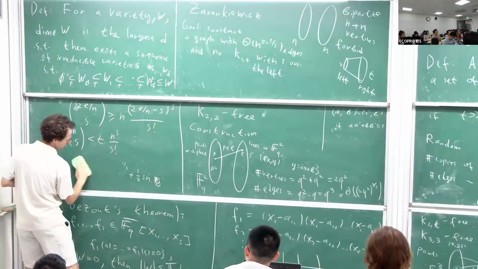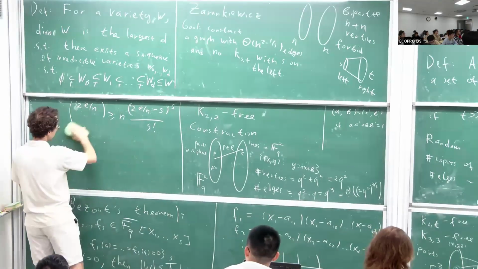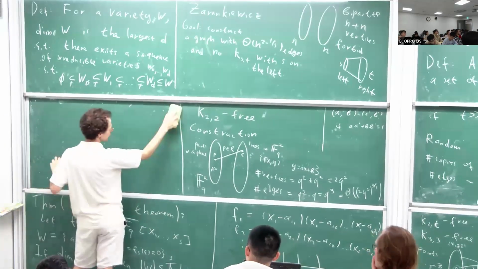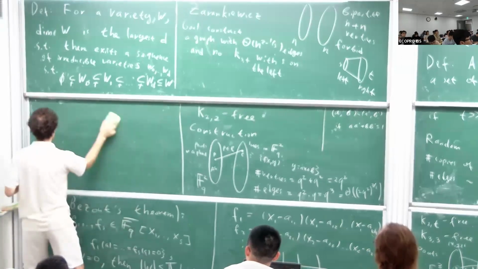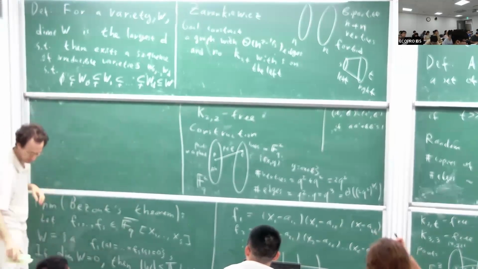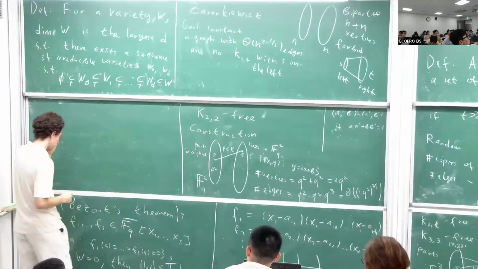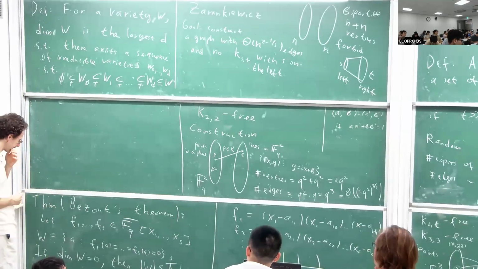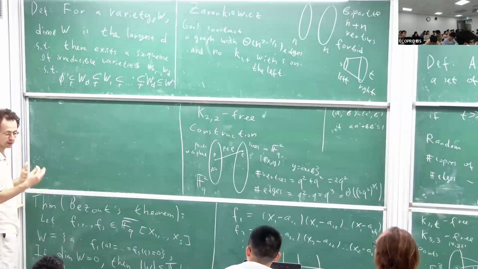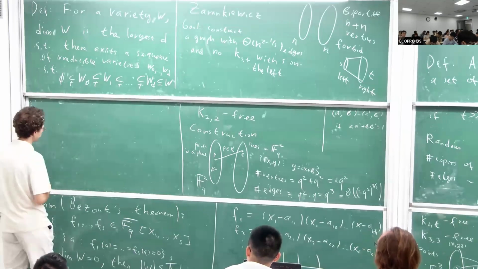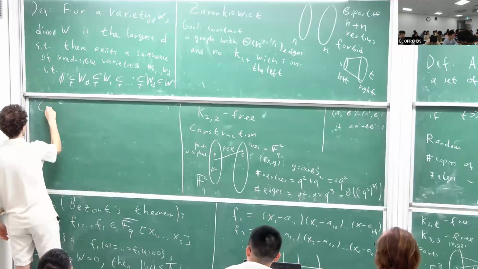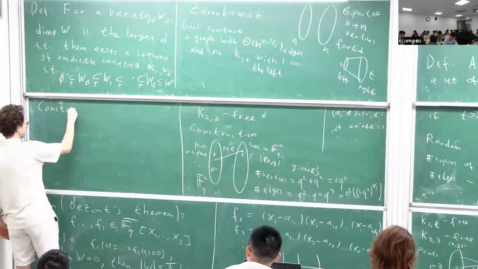We're going to define edges by some polynomials. First, let me tell you what the construction will look like, and then we'll analyze it. The construction will look as follows.